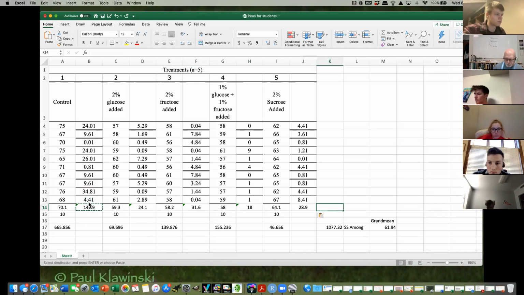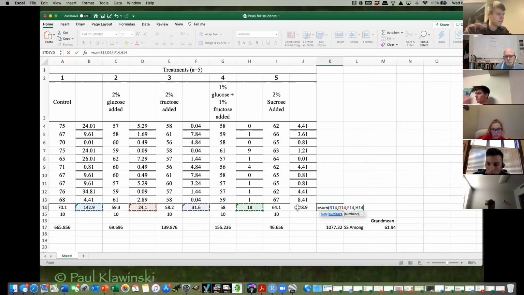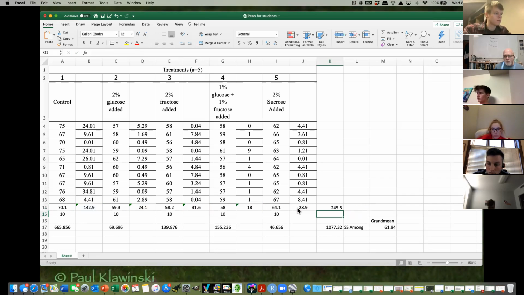And then I want to sum across all of the treatments. And that should give me sum of squares within.